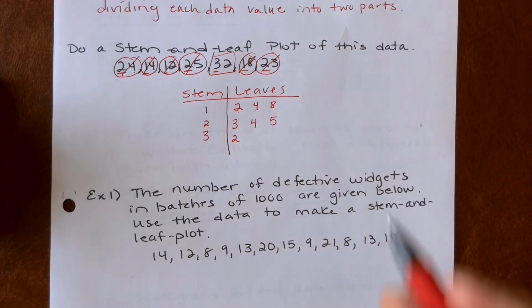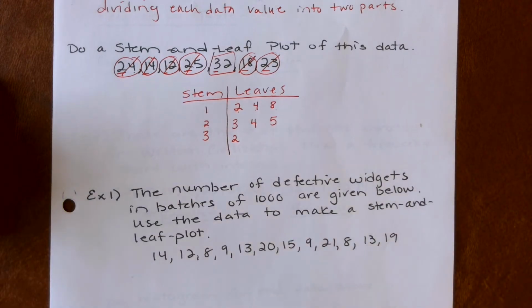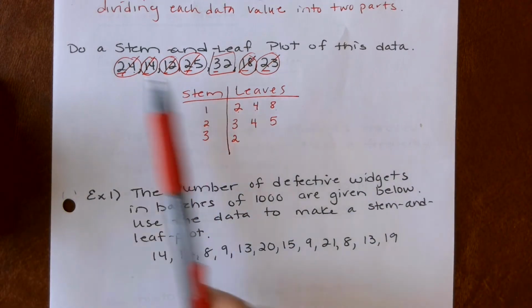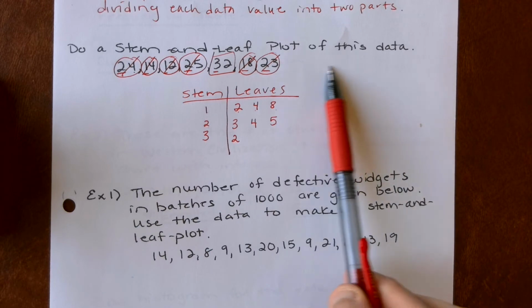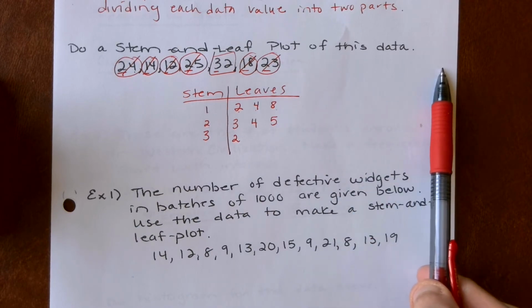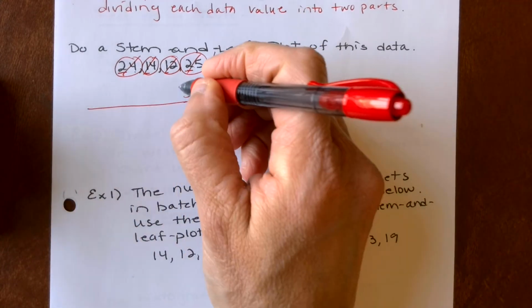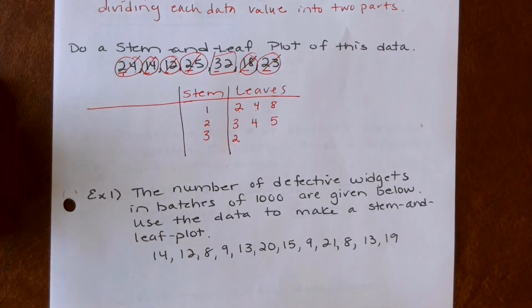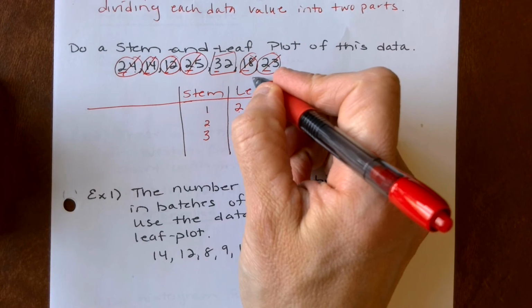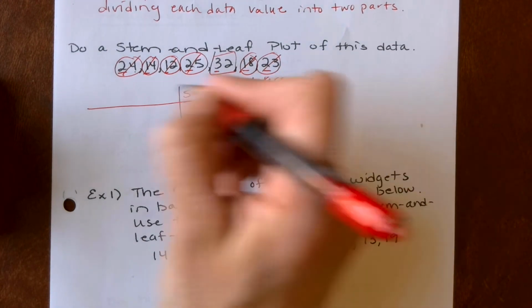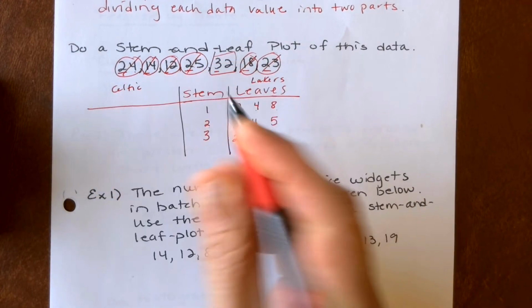Now, sometimes you might be given 2 sets of data, like let's say there were 2 basketball teams and you had the scores from one basketball team, and then over here you had another set of scores for another basketball team. Well, you can do a double stem and leaf plot by dropping this down. And let's just say this was the Lakers and this was the Celtics. Okay?